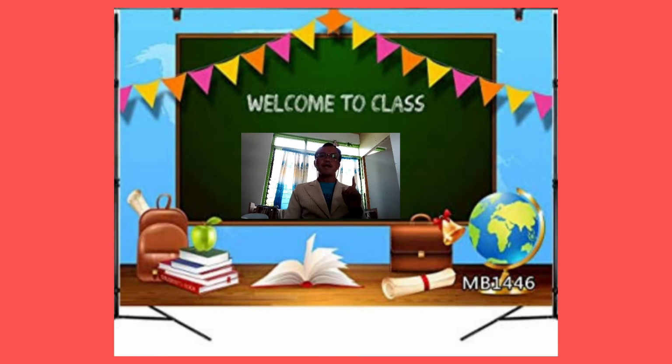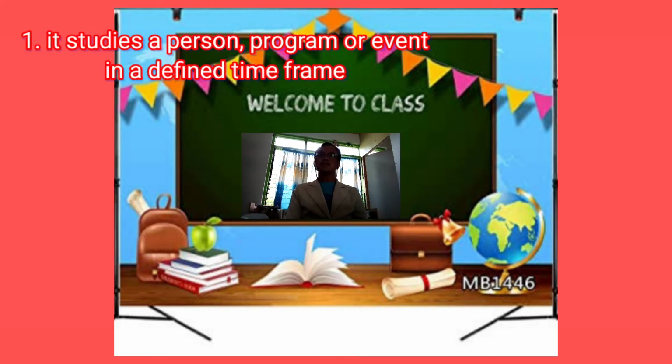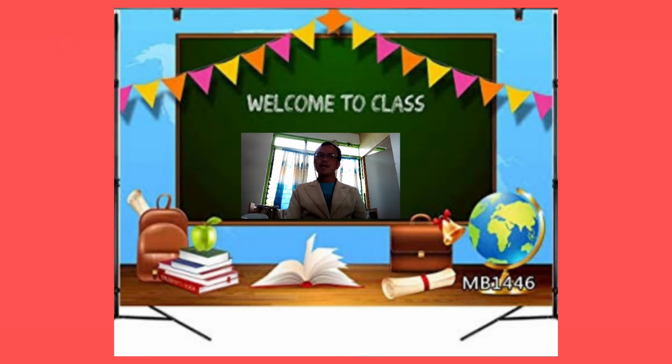For number 1, blank studies a person, program, or event in a defined time frame. Number 2, this research design calls for a detailed and systematic examination of the content of a particular body of materials for the purpose of identifying patterns, themes, or biases.